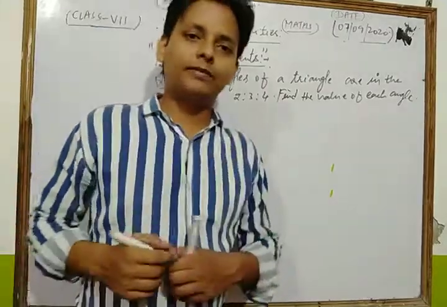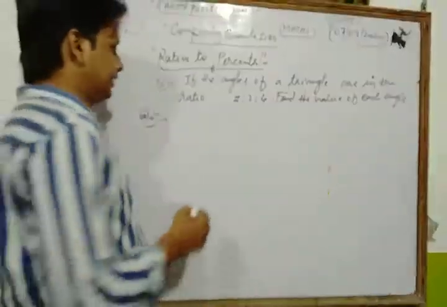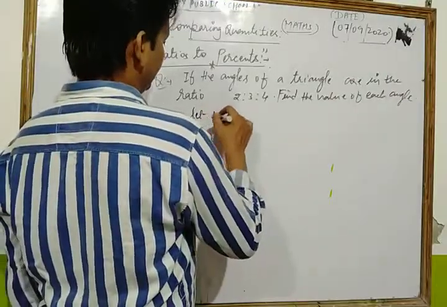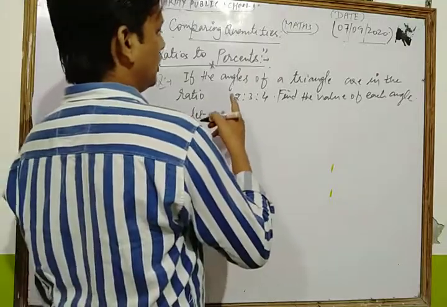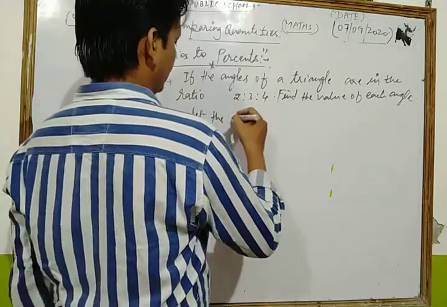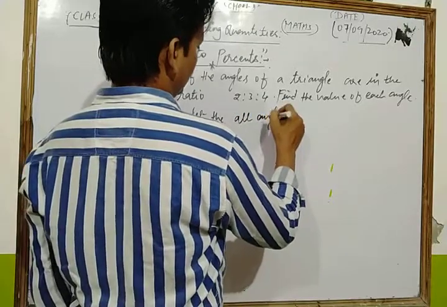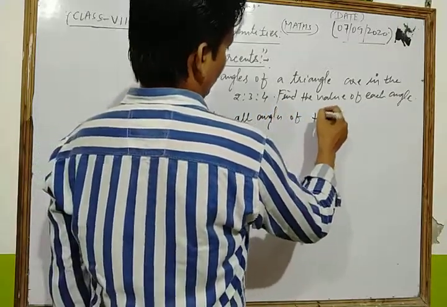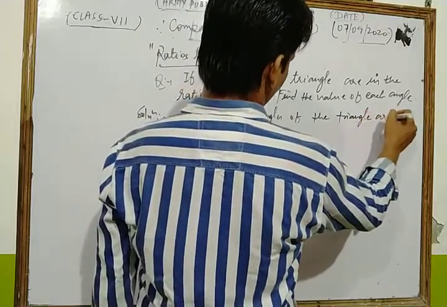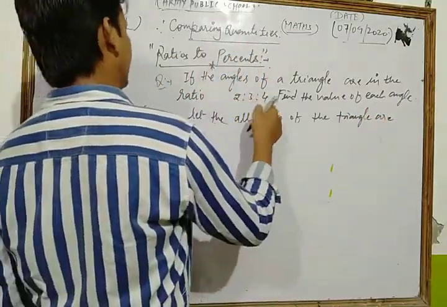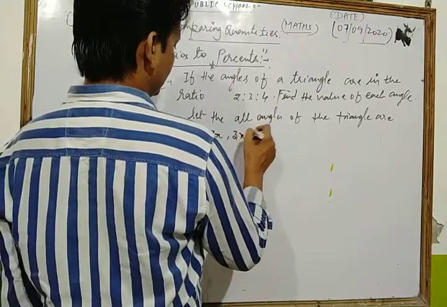Dear students, in this type of question, first you take each angle of that triangle. Let the angles of the triangle be 2x, 3x and 4x respectively.